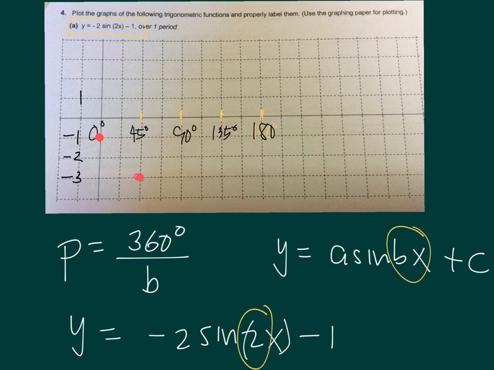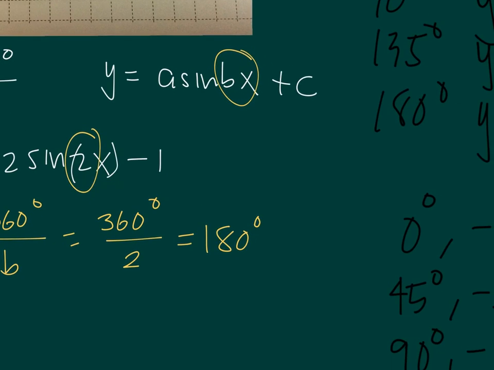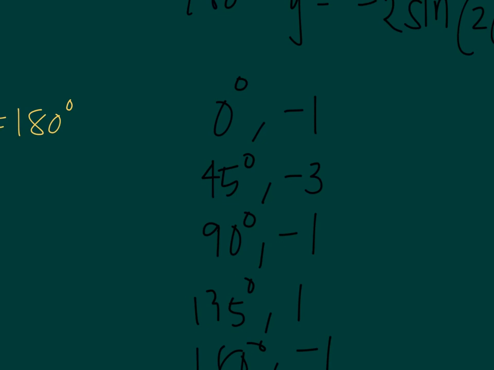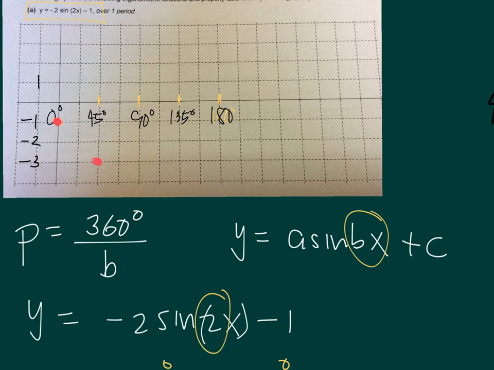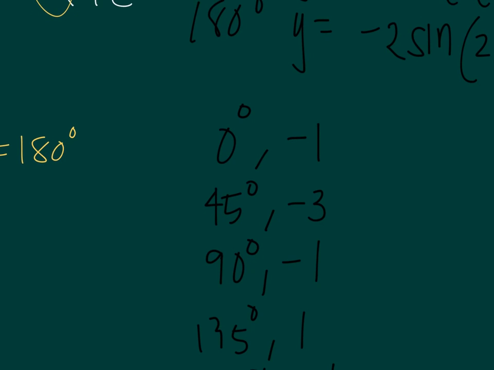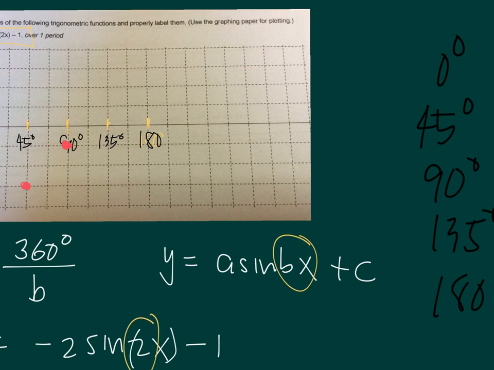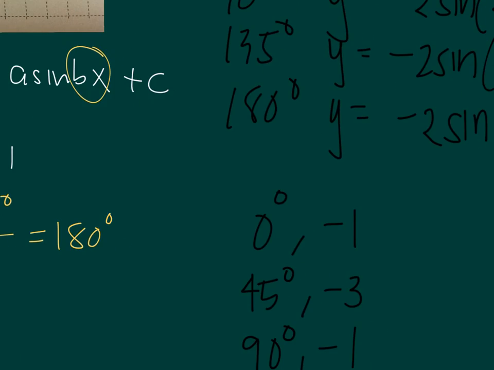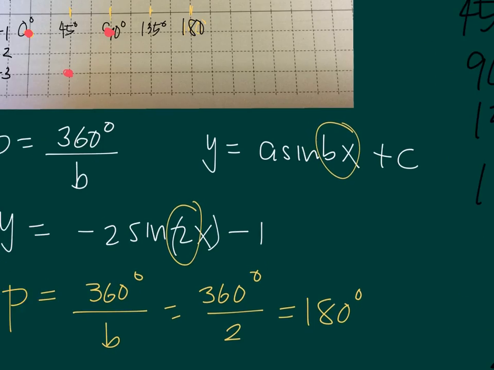When it is at 90, the point is at negative 1. When it is 135, it's 1. You see the list. And when it is 180, finally, you have negative 1.